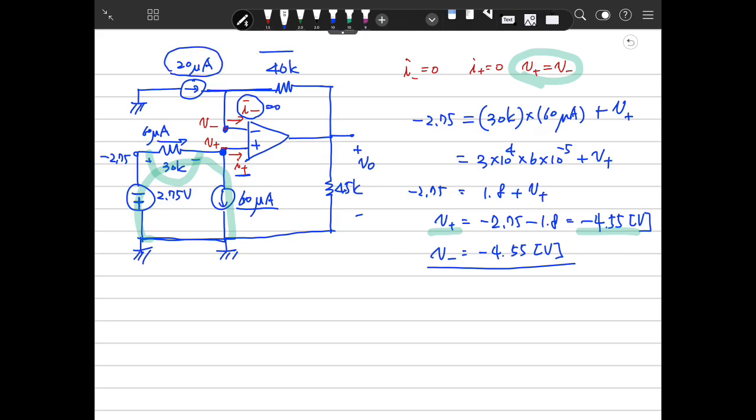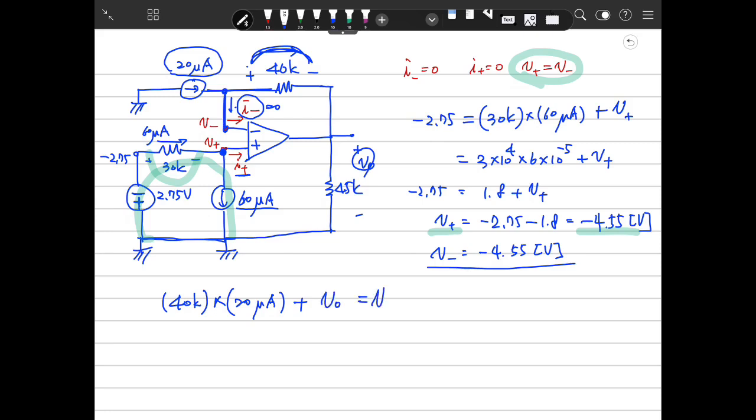So 20 microampere flows here because this is 0 current. So the voltage difference here is 40 kilo ohm multiplied by 20 microamps, and this is V0.